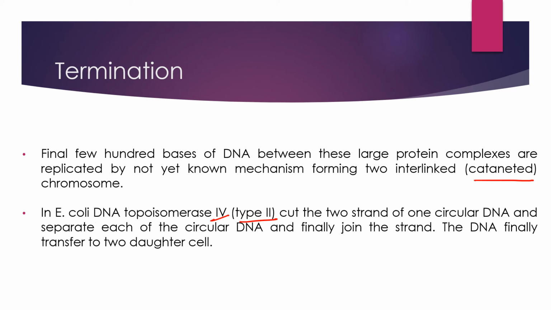Always remember, it cuts the two strands of one circular DNA and separates each of the circular DNA and finally joins the strands. Joining also happens with the help of ligase enzyme. So ligase will help in the joining, and DNA is finally transferred to the two daughter cells.